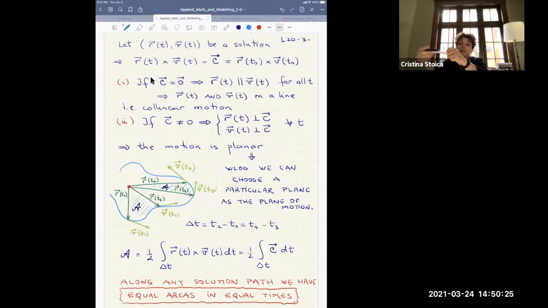So the motion is planar, in the plane that is normal to that constant vector.